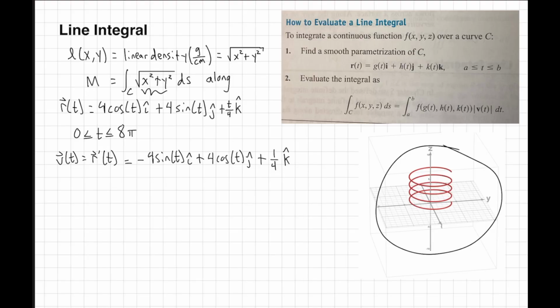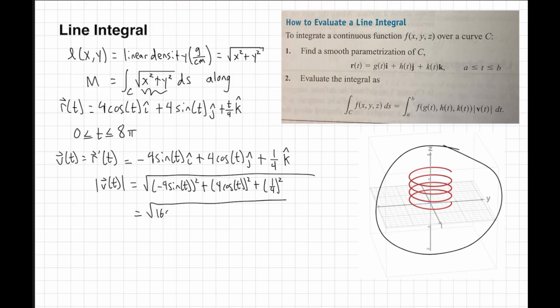Sweet. So the next step for us here is to find the magnitude of v, which is done by taking the square root of all of the components squared. So negative 4 sine of t squared plus 4 cosine of t squared plus 1/4 squared. So this is equal to the square root of 16 sine squared of t plus 16 cosine squared of t plus 1 over 16.